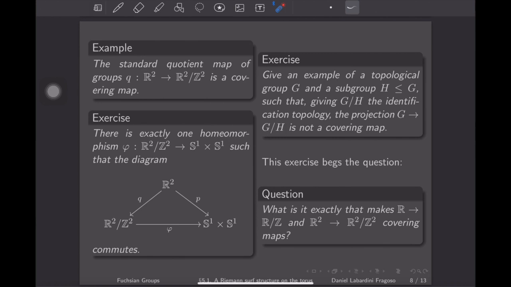And so the question is, if it's not the case that these projections are always covering maps, what is it exactly that made our two examples covering maps? What is the underlying property that makes them covering maps?